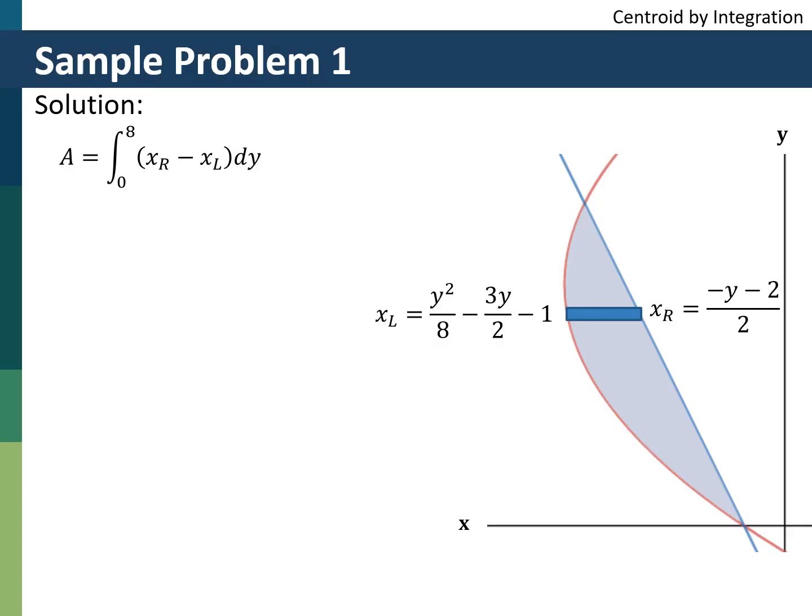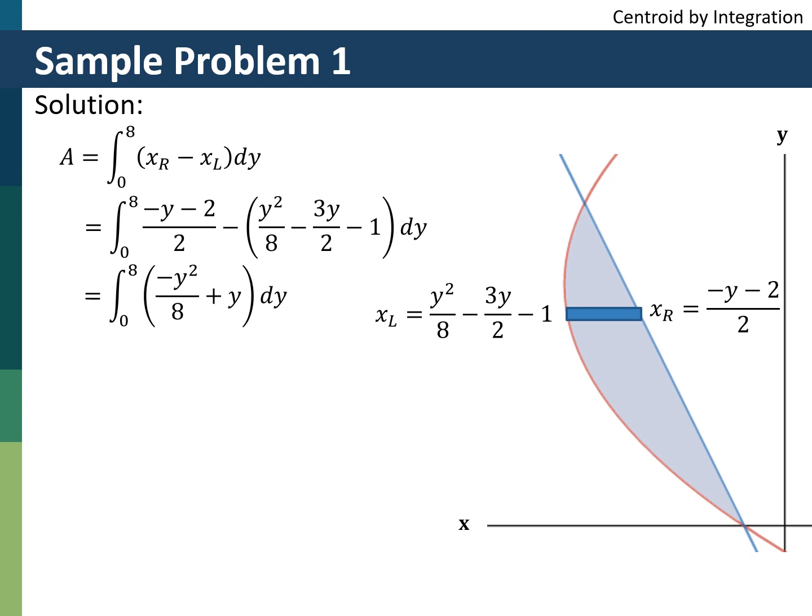Substituting the values for x sub R and x sub L gives us A equals the integral of negative (y minus 2) all over 2 minus the quantity y squared over 8 minus 3y over 2 minus 1 with respect to y, evaluated from 0 to 8.